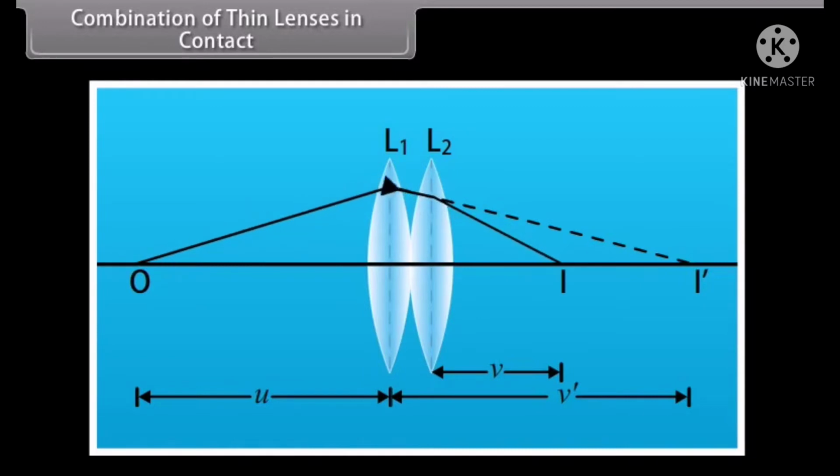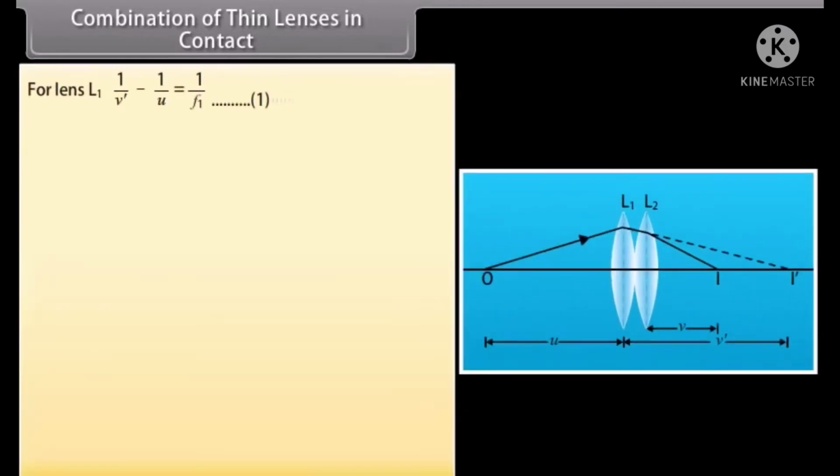That is, I' is the image formed by the first lens, L1 alone. If v' is the distance of image I' from the lens L1, then for lens L1, 1/v' minus 1/u is equal to 1/f1. Name it as equation 1.